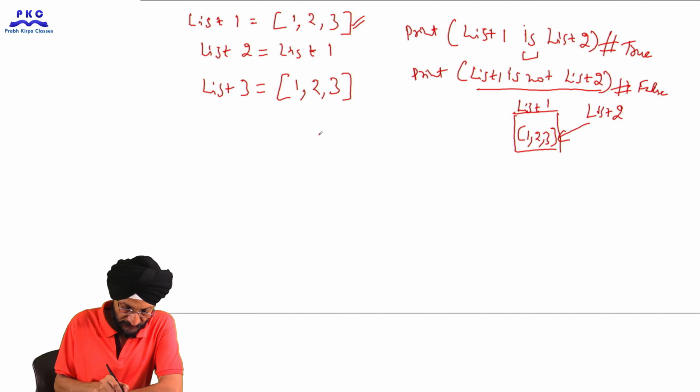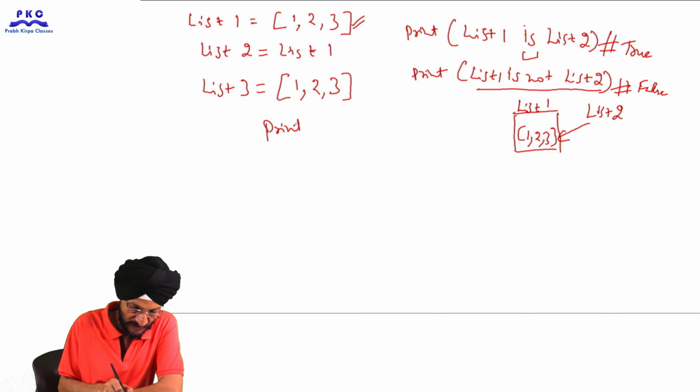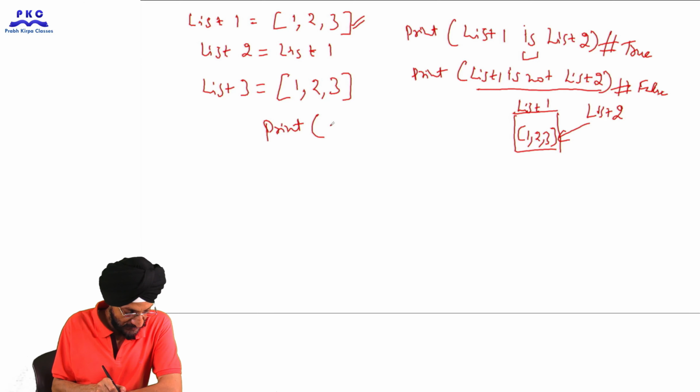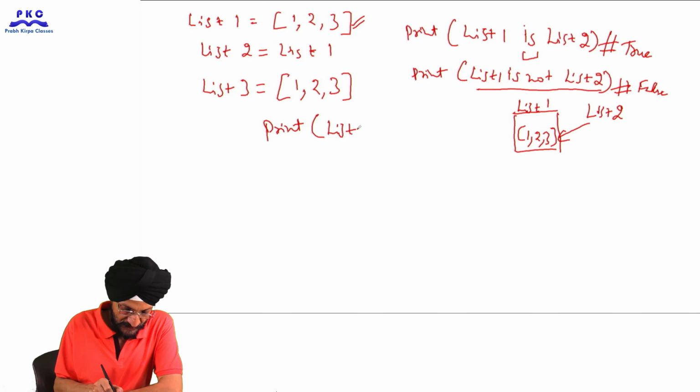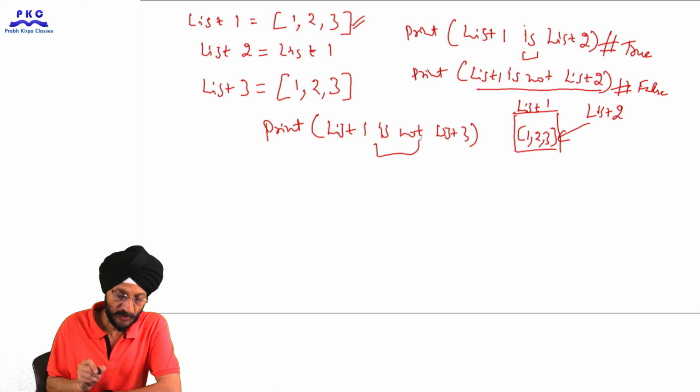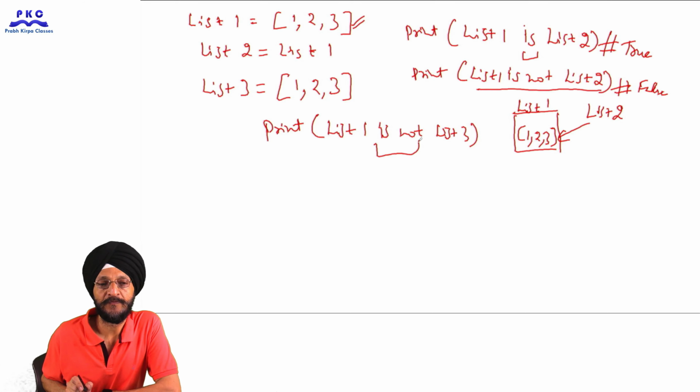Now we use the print function again and the is not operator. We will write print list 1 is not list 3.